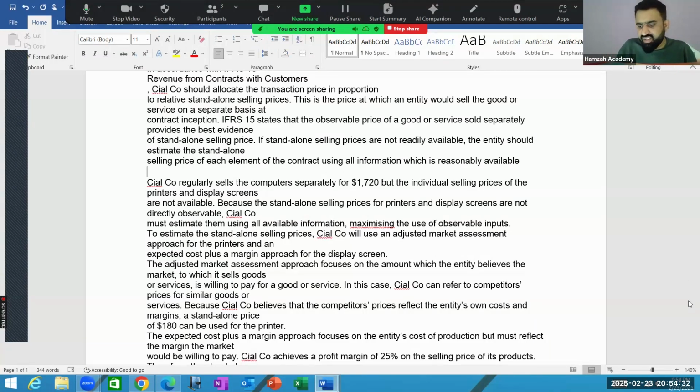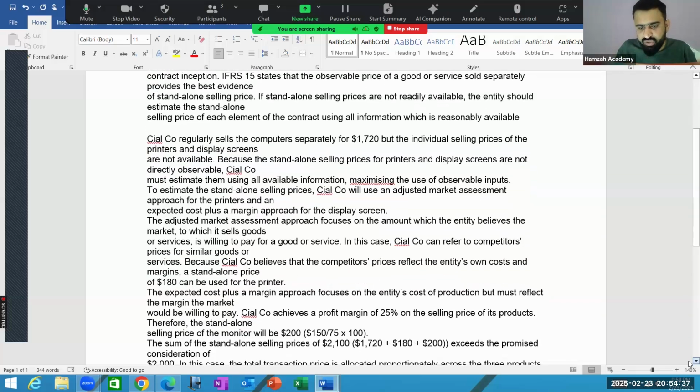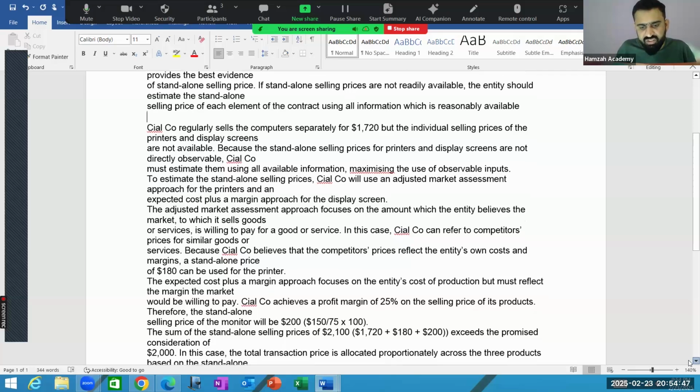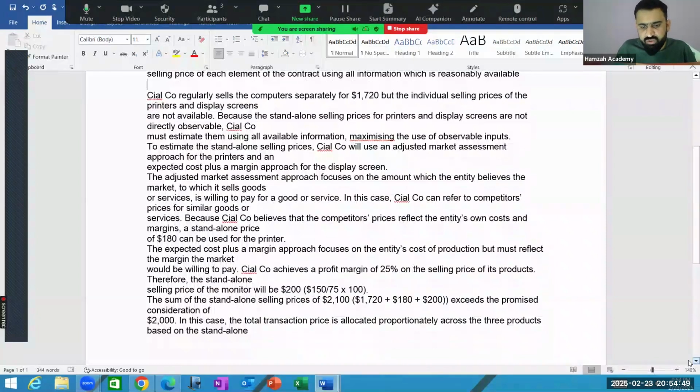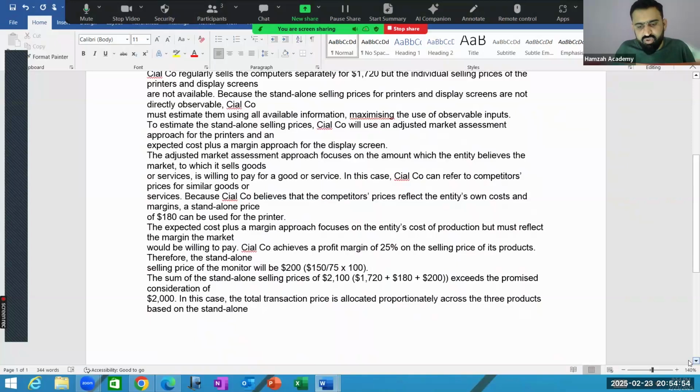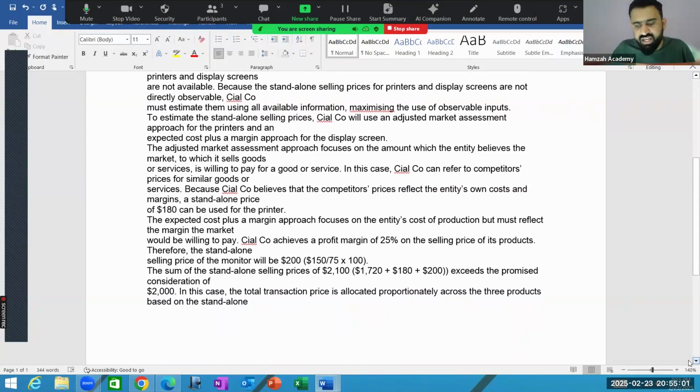And in this case, he's relating this knowledge: the computer standalone price of 17220 is directly available, but the standalone price of the printer and the monitor is not directly observable, so we have to estimate it. In that estimate, you can use the market assessment approach, or you can use the cost plus approach. Then they are defining the market assessment approach and the cost plus approach, and applying that knowledge: the printer can be measured using the market assessment approach, at which a competitor regularly sells, which is 180.